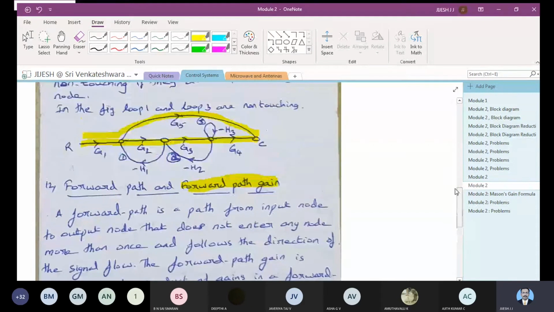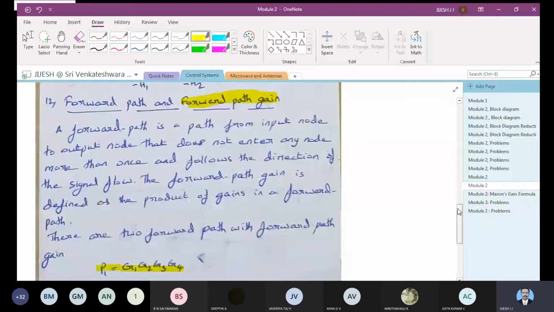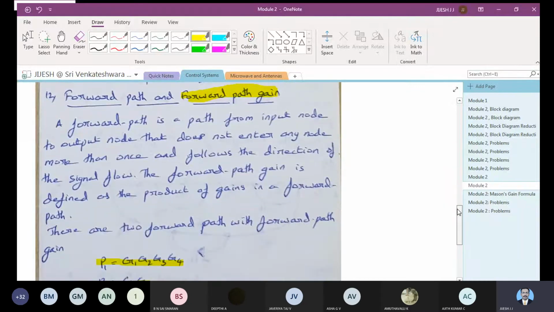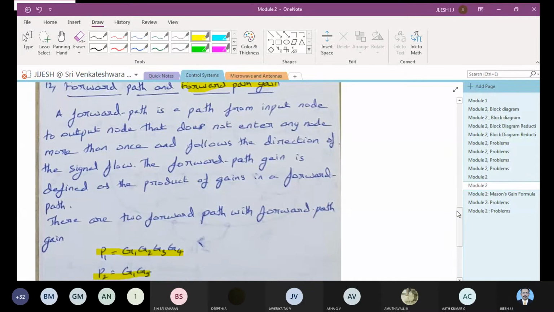See here, this path is G1 and G5, that is path 2, and G1, G2, G3 and G4 is path 1. So you got P1 and P2, all of you? Is that clear?